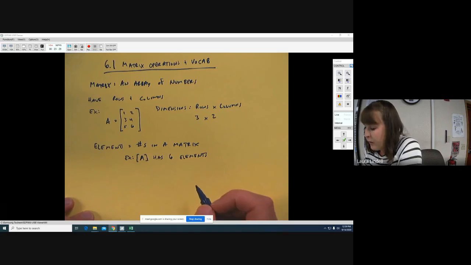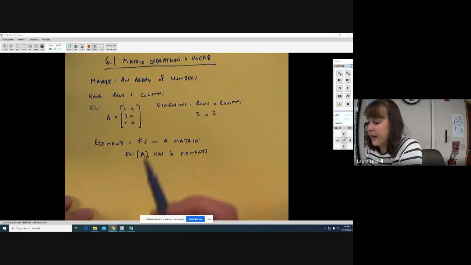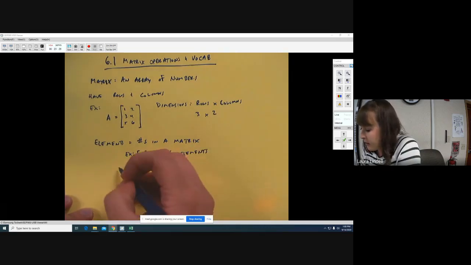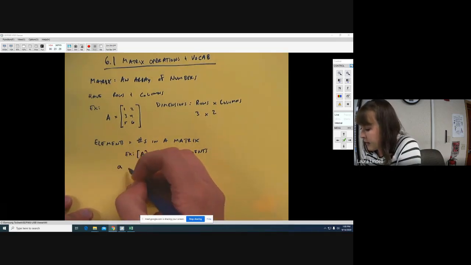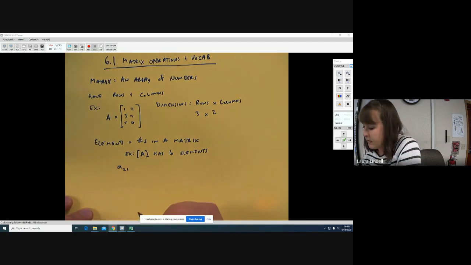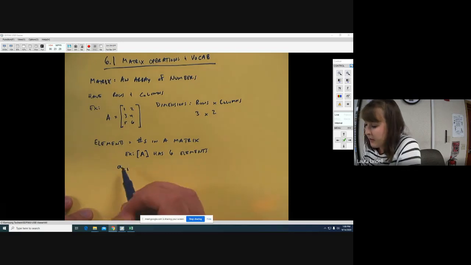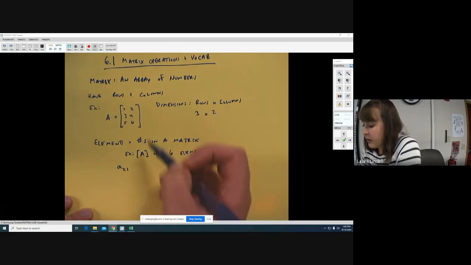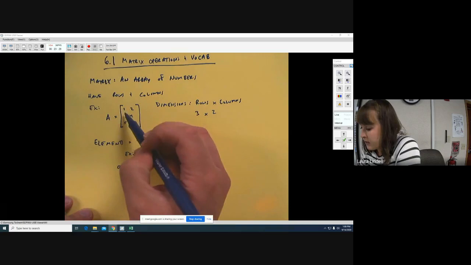Okay. We could also call out a specific element. So if I said something like lowercase a with subscript 2, 1, that means the element in matrix A that's in the second row and the first column. So I would go up here and I would go, okay, the second row is this middle one.